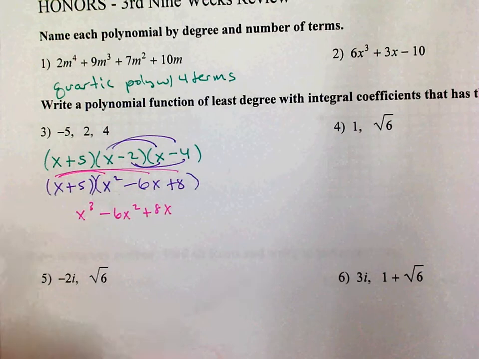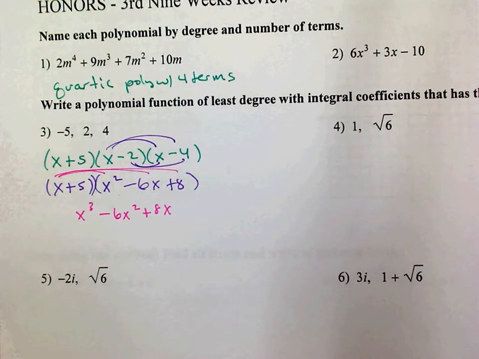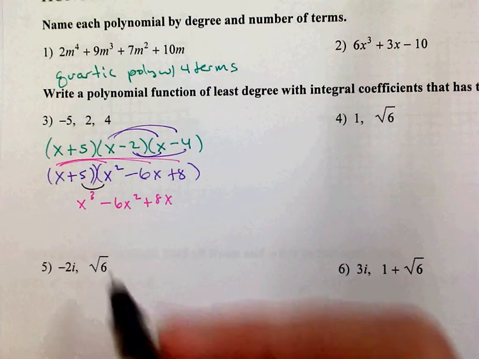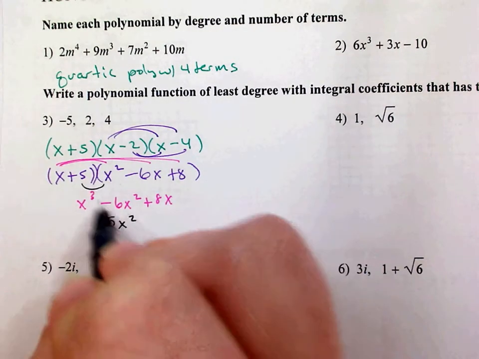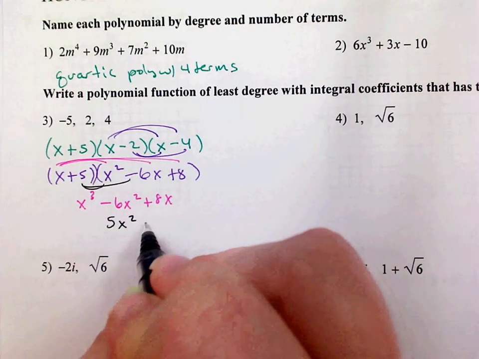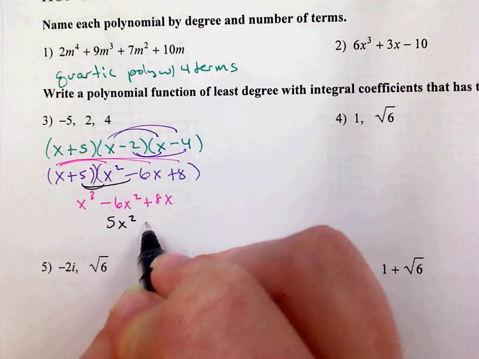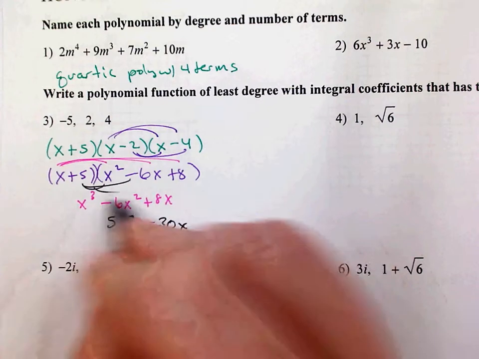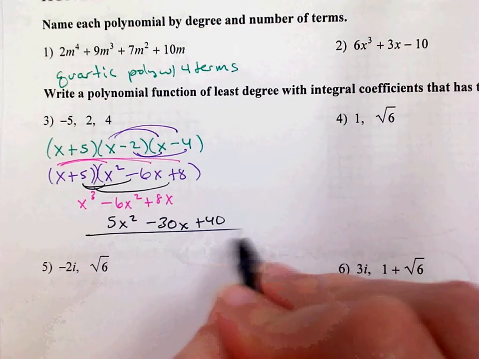And then distribute the 5, yeah? So I'm going to distribute 5. I get what? What'd you get? 5x squared minus 30x, and then plus 40, combine like terms.